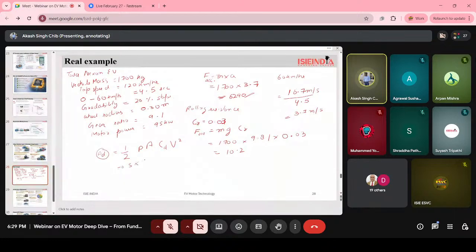Here this rho shows the air density. Let's assume we are getting an air density of 1.2.